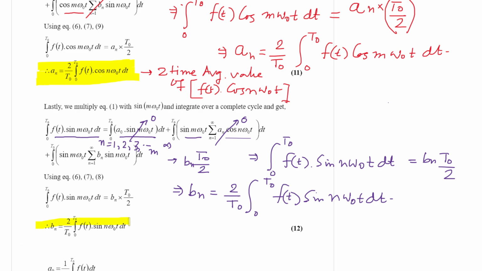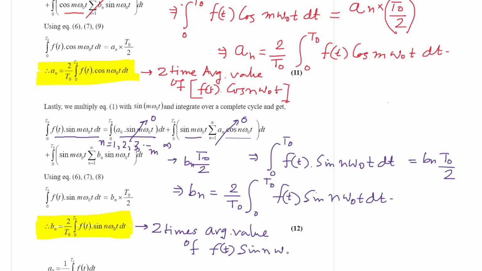So what does this equation of bn depict? It is basically 2 times the average value of f(t) into sine n omega naught t.